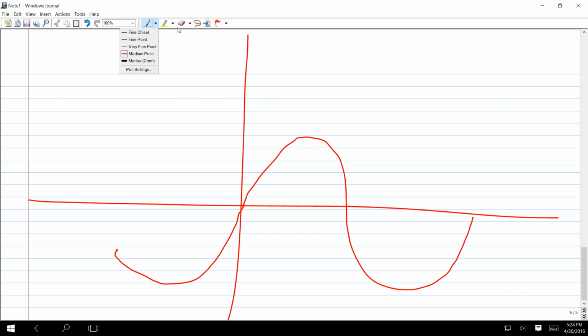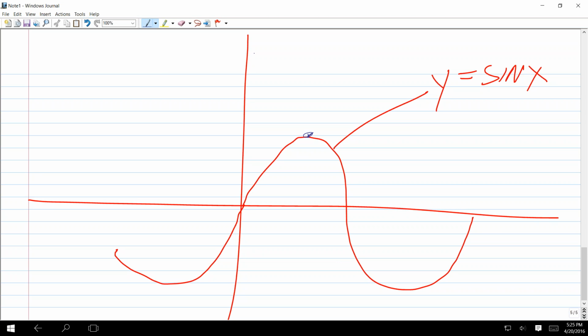For what curve did I just draw? Sine. So that's y equals sine x. What's the reciprocal of sine? Cosecant. Which means when the sine is equal to 1, cosecant has to equal 1. So they both have to share that point right there.